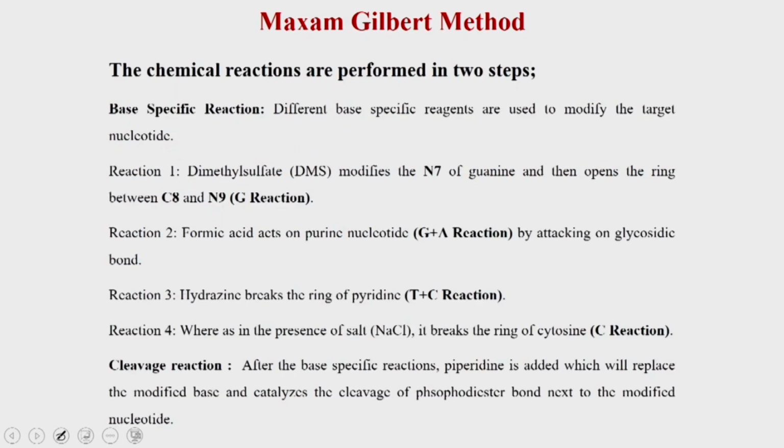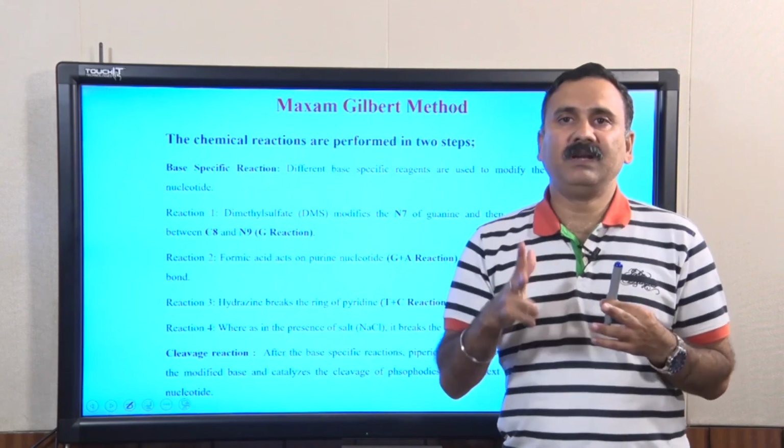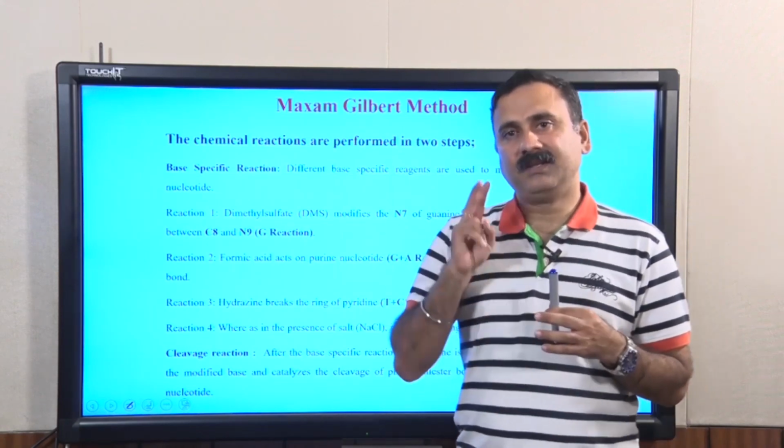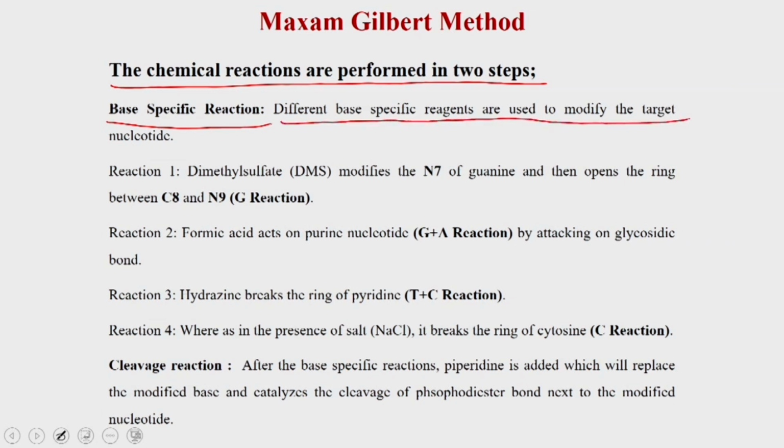For the Maxam-Gilbert method, the chemical reactions are performed in 2 different steps. In step 1, you perform the base specific reactions to modify the nucleotides.